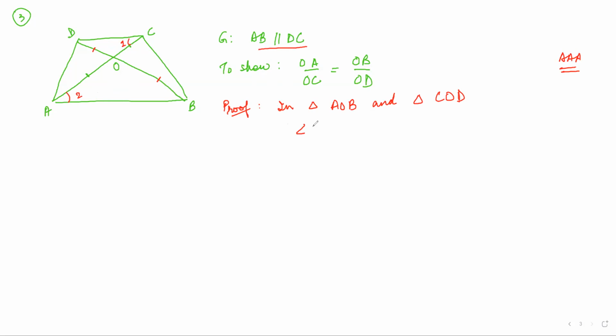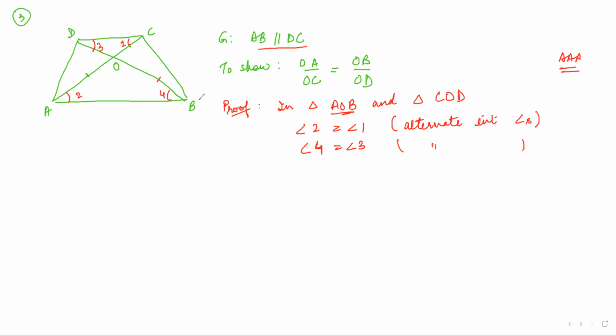Angle 2 is equal to angle 1. Which kind of angle? Alternate interior angles, isn't it? Okay. And again, angle 3 will be equal to angle 4, isn't it? Angle 4 is equal to angle 3, same alternate interior angles.